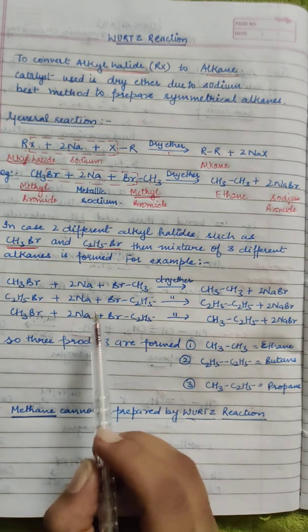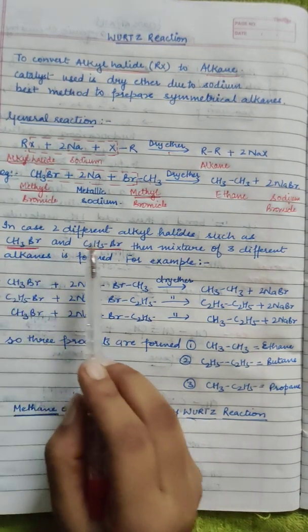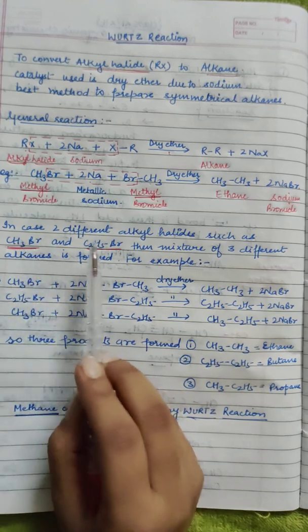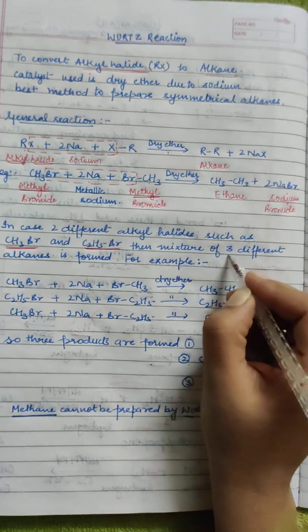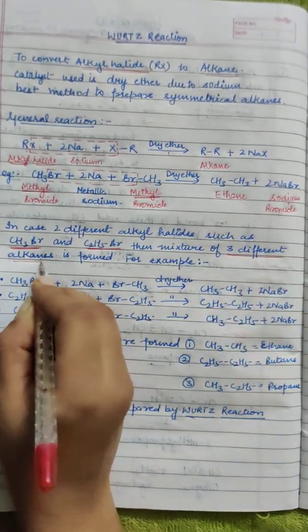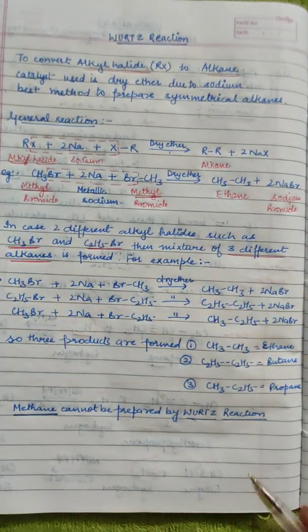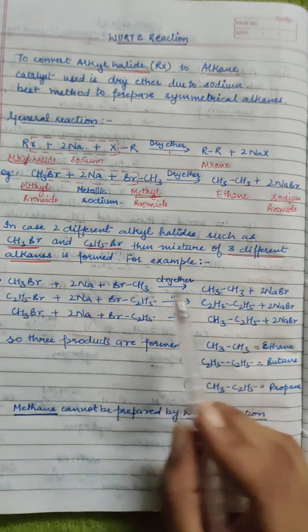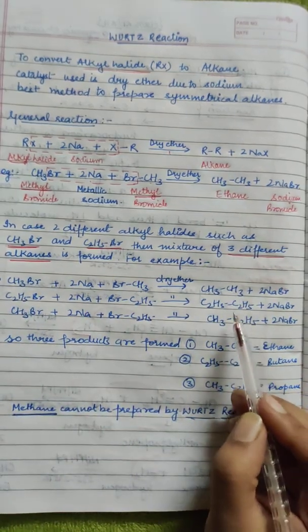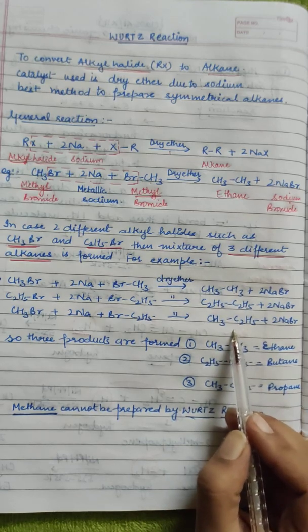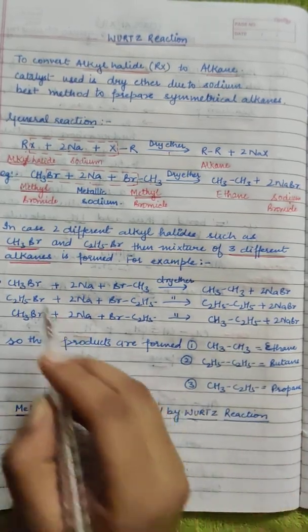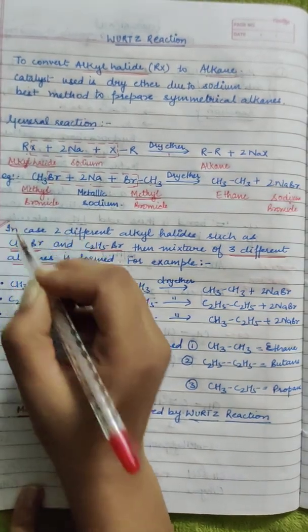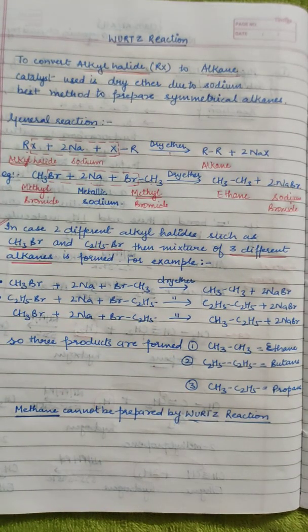Okay, so you can see over here I have taken CH3Br and C2H5Br, different alkyl halides, and I will react them. So in that case 3 different alkanes will be generated. You can see one will be ethane, one will be butane, and one will be propane. So 3 products will be formed if you take 2 different alkyl halides to react.